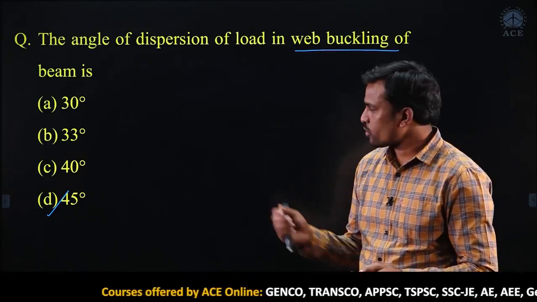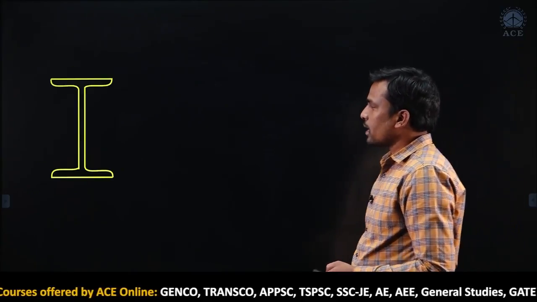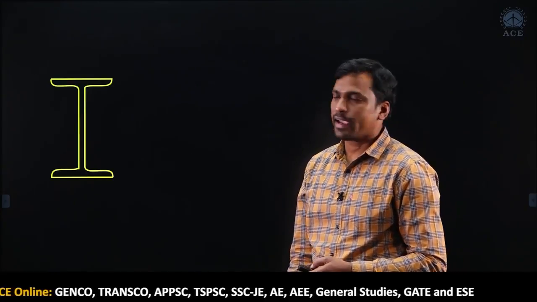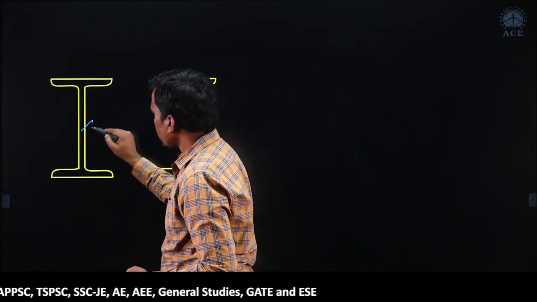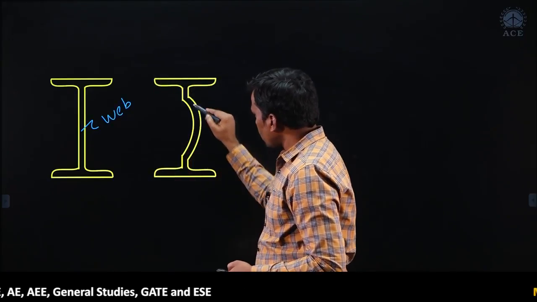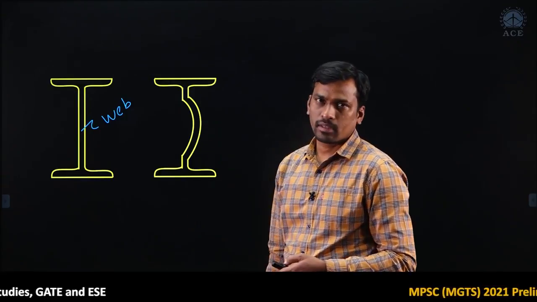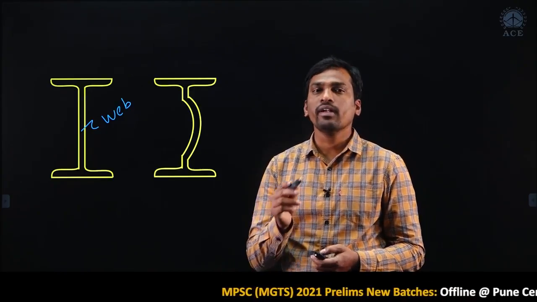Now here I will show what is web buckling. This is the rolled steel I section. Look here, due to loading, this is the web portion. There is a buckling of the web. So this is called web buckling. Generally web buckling will occur in between the toe of fillet.